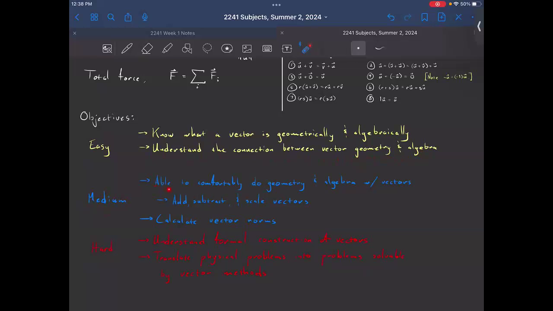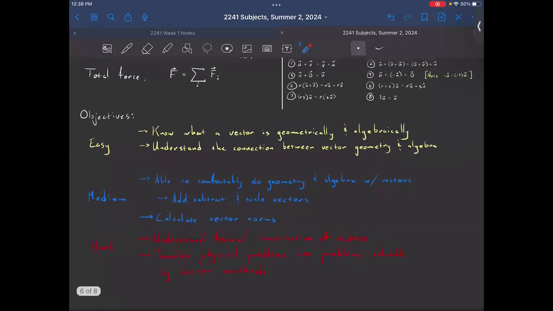Medium, I want you to be able to comfortably do the geometry and algebra with vectors. What that means is to add, subtract, and scale vectors, both visually and in coordinate form. And then I also want you to be able to calculate vector norms. It's a bit of an annoying formula, but it's really important to know, and it gets used all the time.